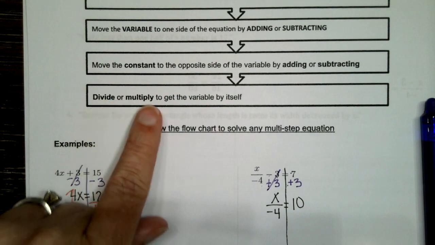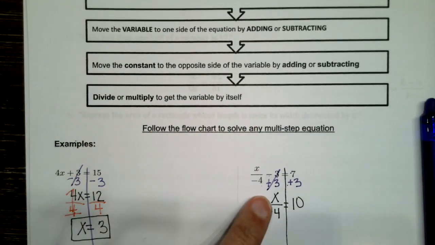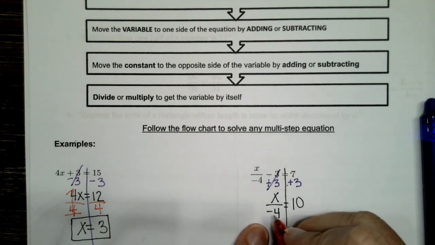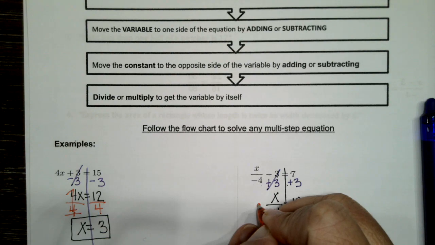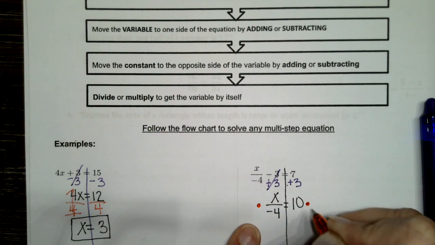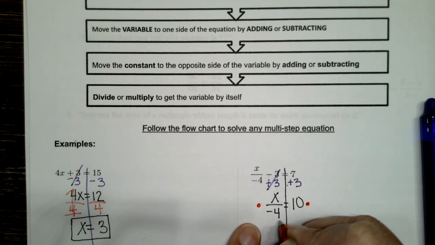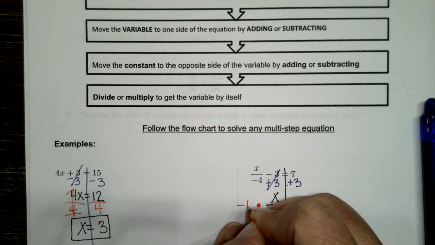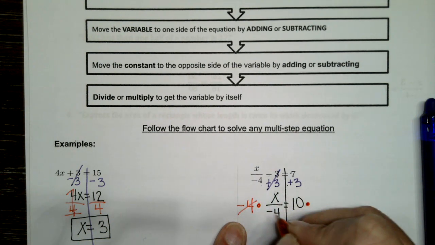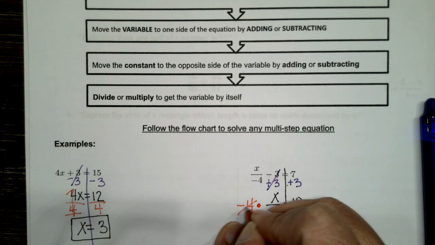Now we're going to divide or multiply to get the variable by itself. Well, right now the variable is being divided by this negative 4. So to get rid of division, the opposite of divide is to multiply. So I know I'm going to multiply. And the number I'm going to multiply by is this negative 4. And that's how I get rid of this negative 4 and this negative 4. They cancel each other out.